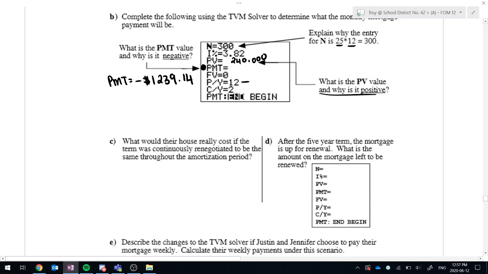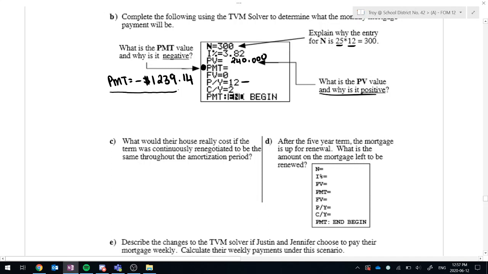Question C, what would their house really cost if the term was continuously renegotiated to be the same throughout the amortization period? So essentially what they're saying here is that the interest would never change, as in the PMT value would stay the same.